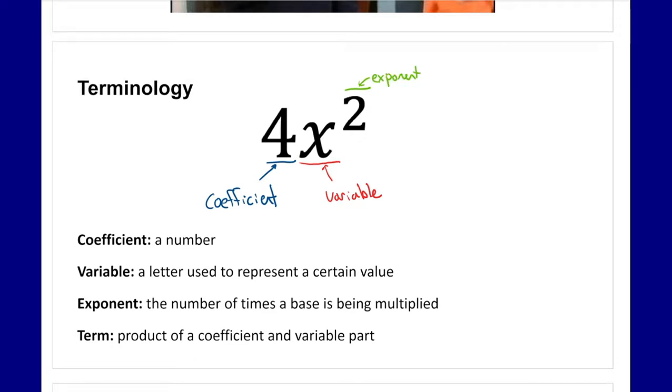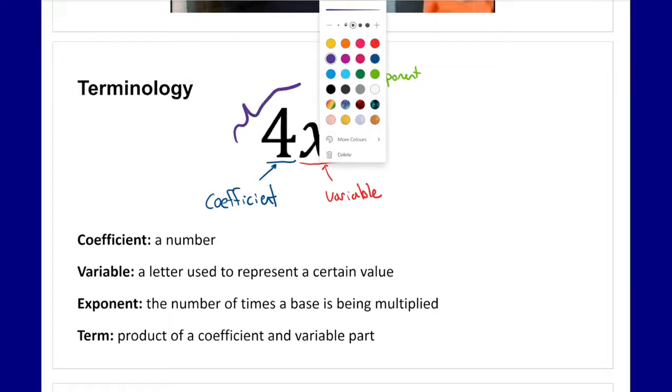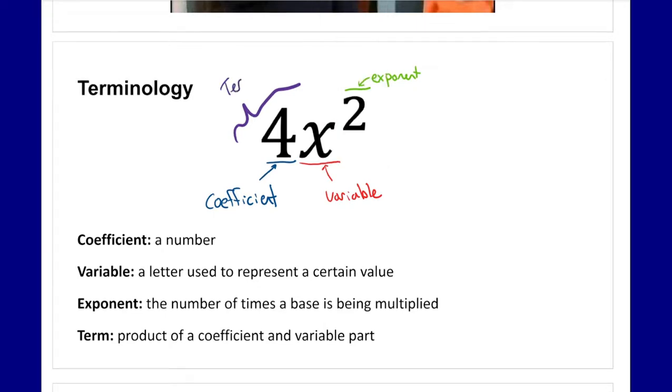And this entire thing here is considered our term. So the 4x squared entirely is our term.